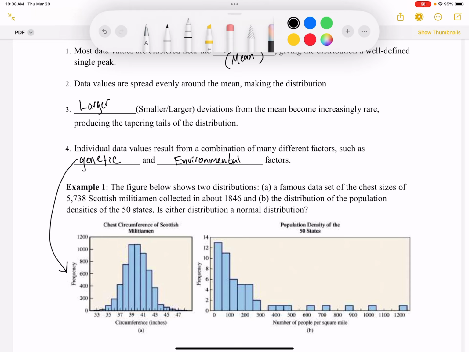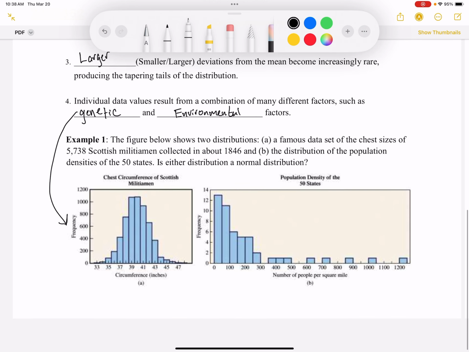So maybe that has to do with more environmental factors. Depending on the state, if it's a desert, you probably don't have a huge population. Or if you have a lot of canyons, people probably don't live in that canyon. So environmental factors.